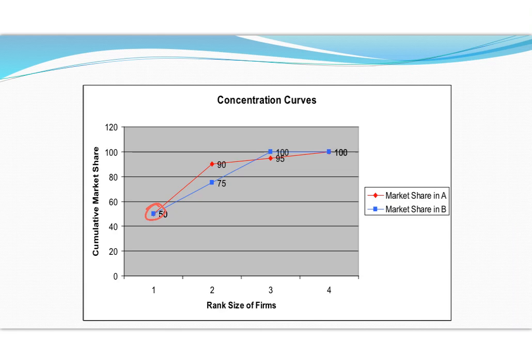This is assuming that second change, where 3% of firm 4's market share in industry A, we undid that basically. So they both have 50%. Now for industry B, the top 2 firms now have 75%, and the top 3 were already all the way to 100%. So here we get this crossing right here.